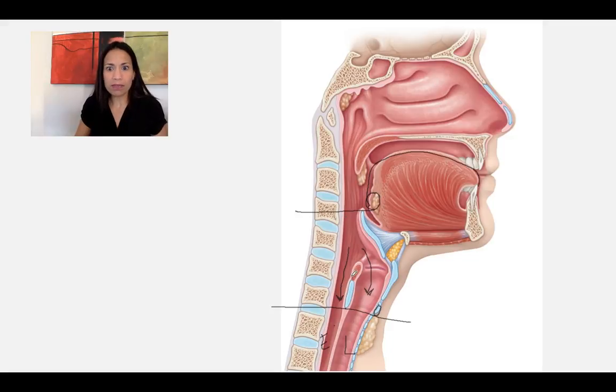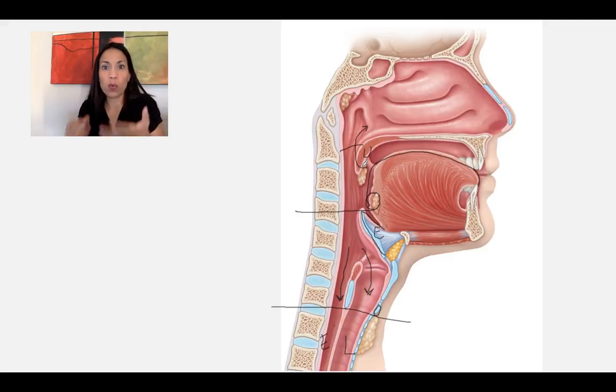So we need certain mechanisms to make sure that the food follows the digestive tract and the air follows the respiratory tract. One of those mechanisms was the uvula that blocks the passage of food into the nasal cavity.